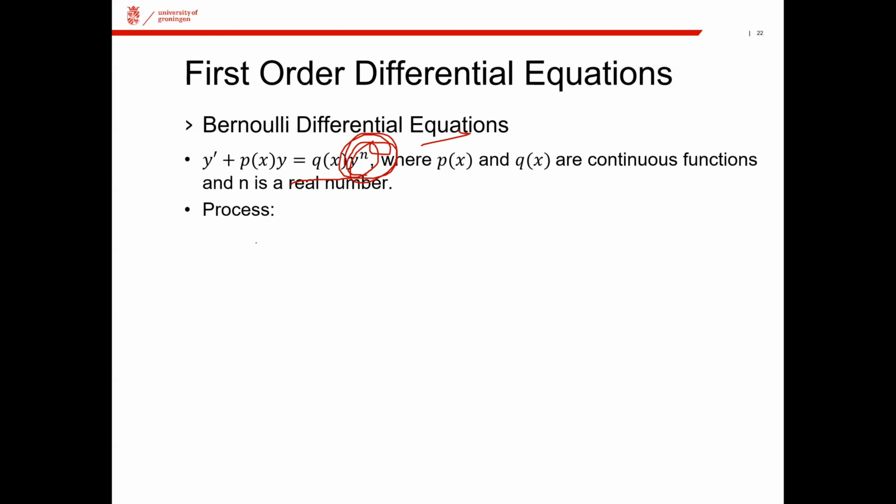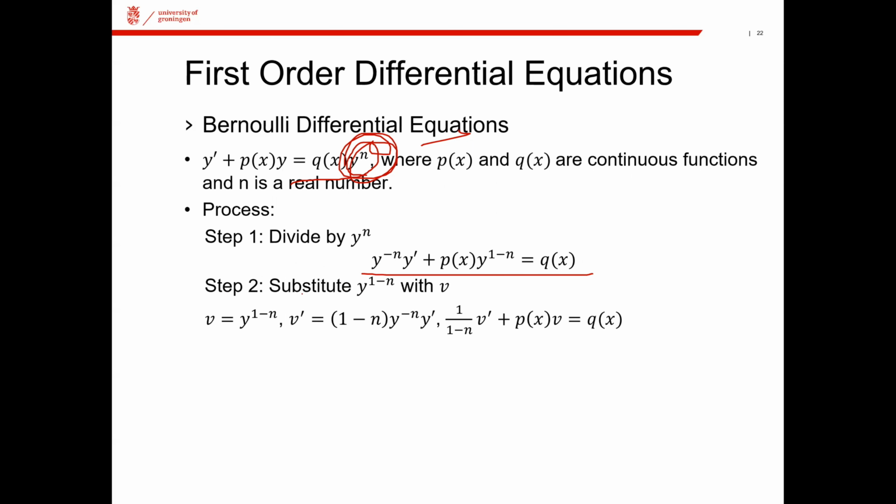To solve it, the first step is to divide by y to the power of n on both sides, and then we will have this equation. The second step is to substitute y to the power of 1 minus n, so this part, with v.